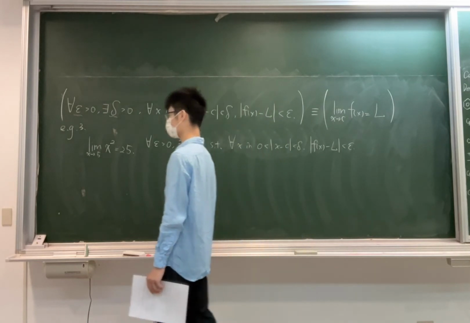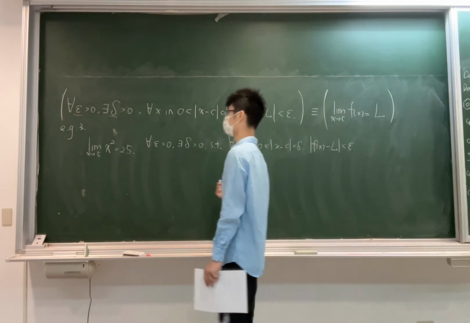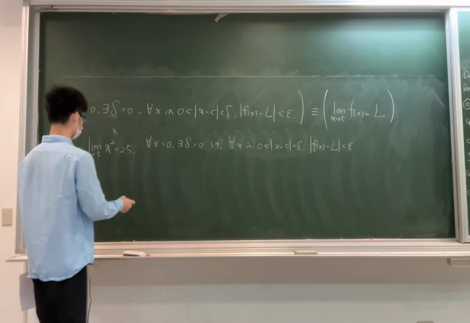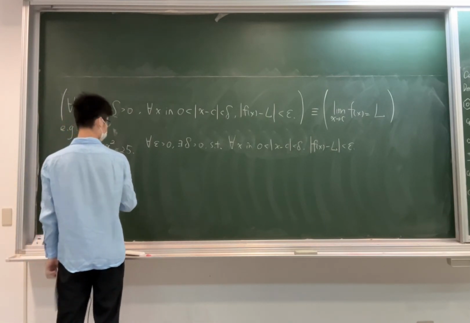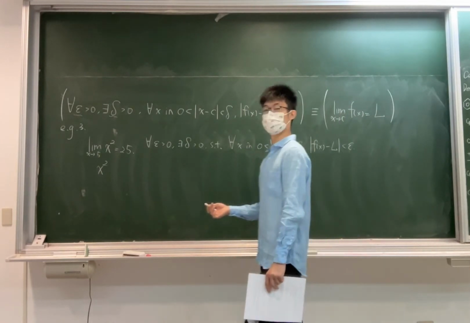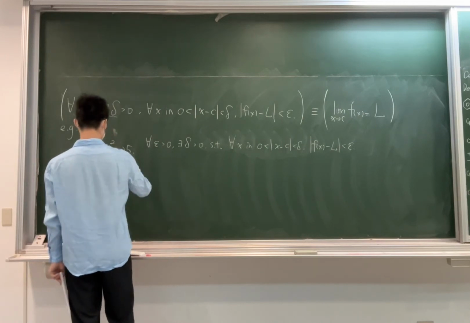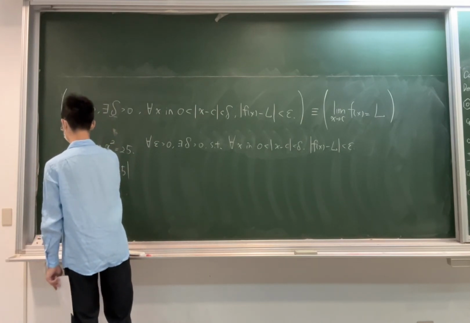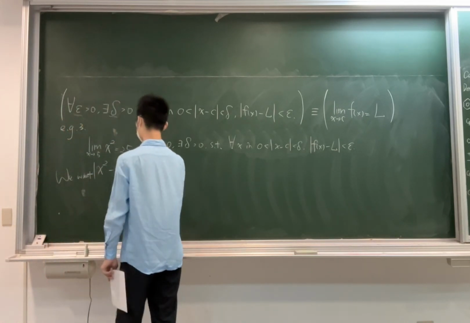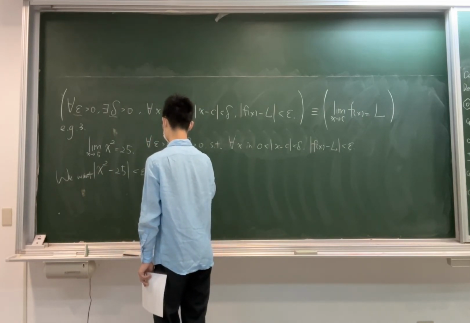So we have to find a delta such that the absolute value of x minus c is less than delta. Here we can use some tricks. We want to find a delta, but we want to work with epsilon before we find delta. So we want x squared minus 25 to be less than epsilon. So we can factorize the expression.